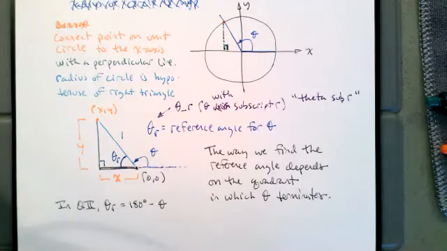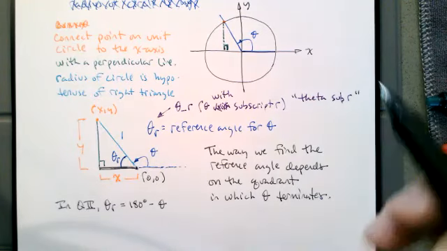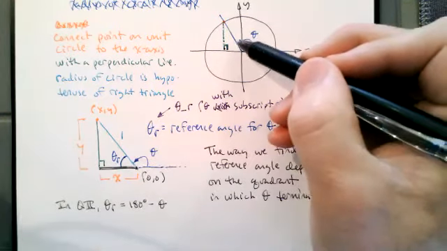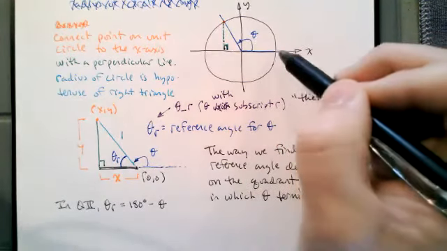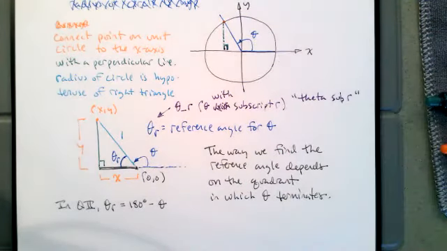If theta is a 120 degree angle, 180 minus 120 is 60. That would be a 60 degree angle. We're just finishing off the straight angle. So in quadrant 2, theta r is 180 minus theta.